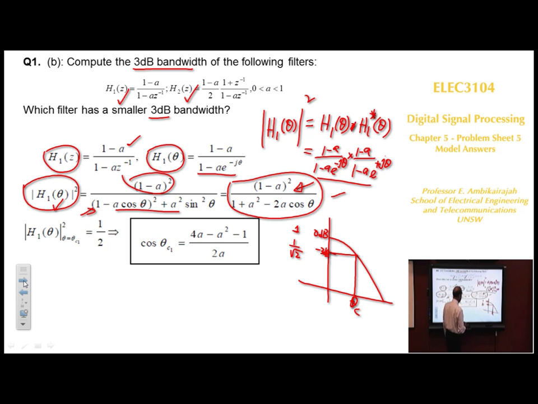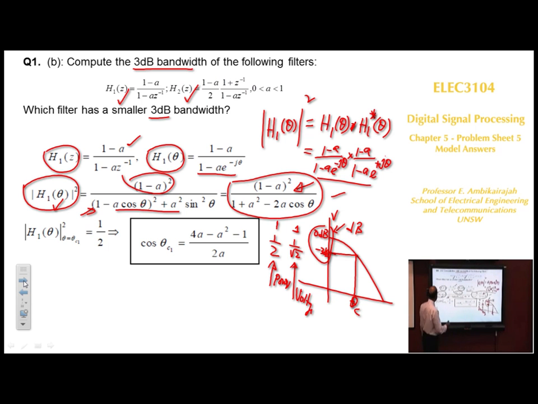So one or the other you can do. That's in voltage. If you take power, this will be 1 and this is half. So this is power, this is voltage, this is in dB. So all are the same.